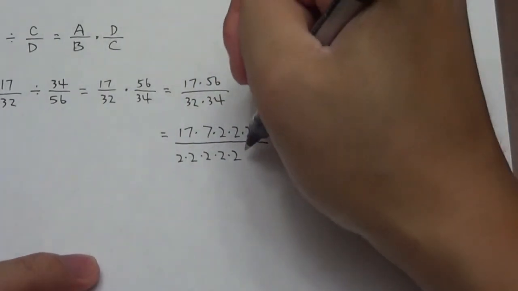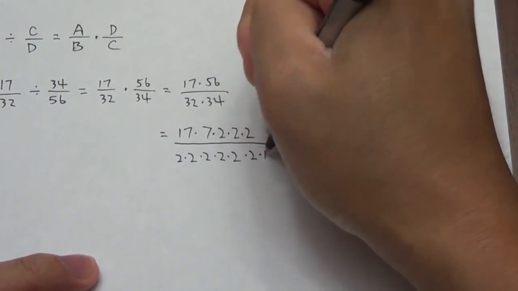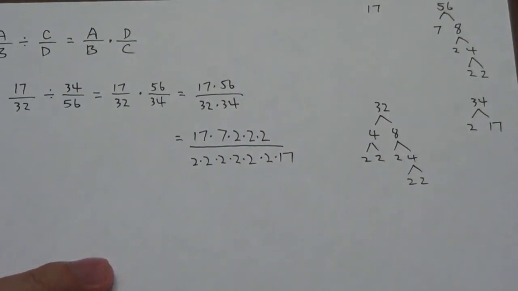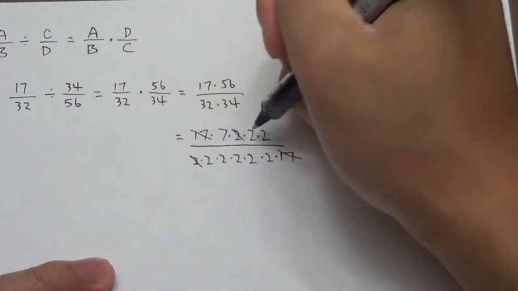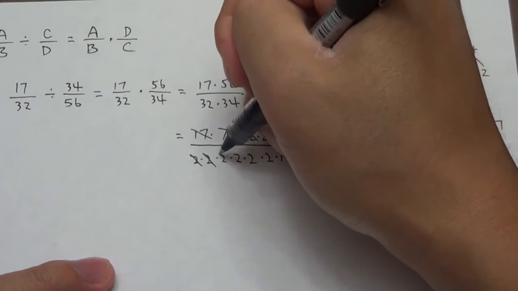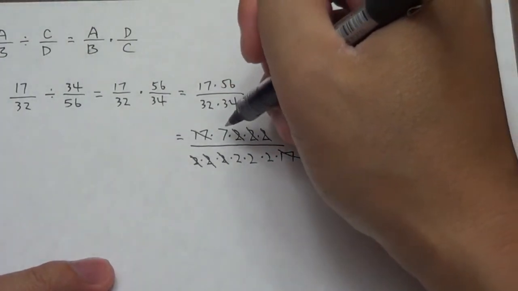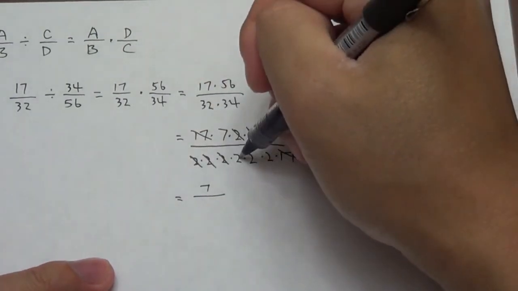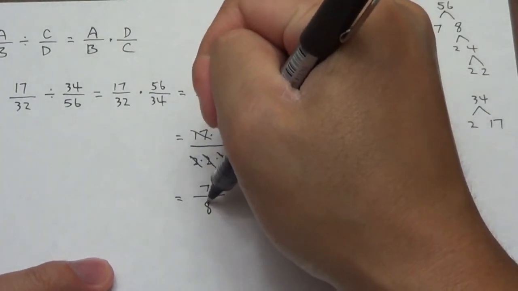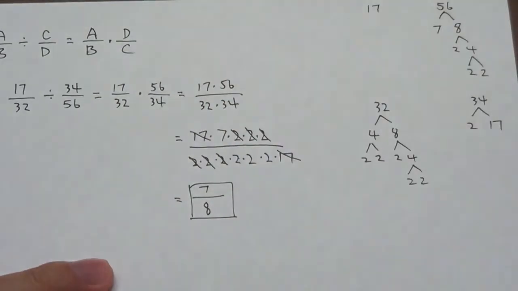And then 34 can be written as 2 times 17. Now I simply find common factors and cancel them out. I'm left with 7 for the numerator, and then 2 times 2 times 2 for the denominator, which is 8. And that's my answer.